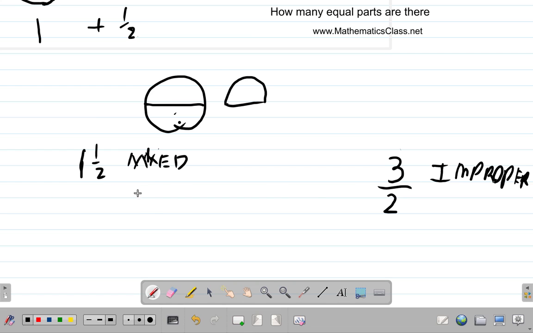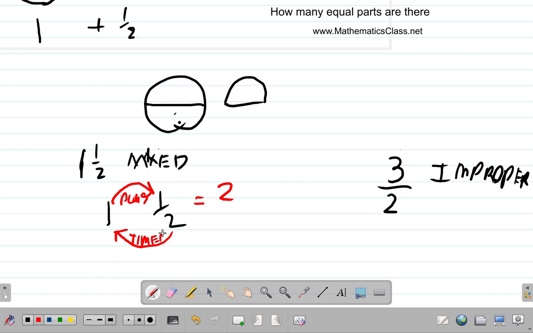You have a shortcut way of converting these. 2 times 1 is 2.